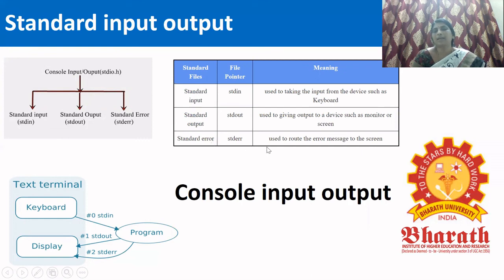And then stderr is used to route error messages to the screen. You can see the representation: from the keyboard it takes stdin and then it goes to the display, and if there is any error, that also goes to the display. So whenever there is communication between the input and the console through these steps, you call it console input output.